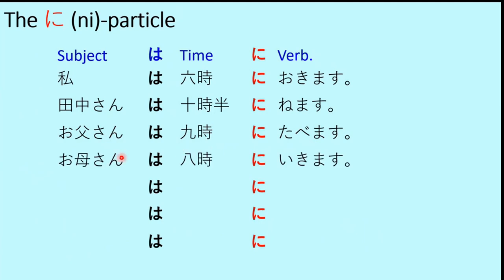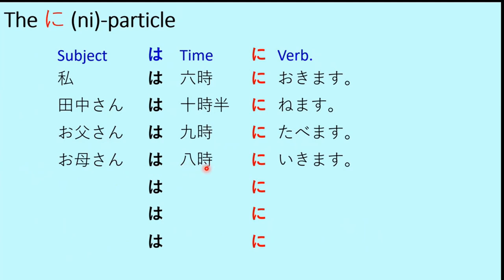Next, you might remember this is for mother. So this is okasan or haha. Okasan wa 8時に ikimasu. Ikimasu means to go, and 8時 means 8 o'clock, 8th hour or 8 a.m. in the morning. You can replace okasan with haha as well.